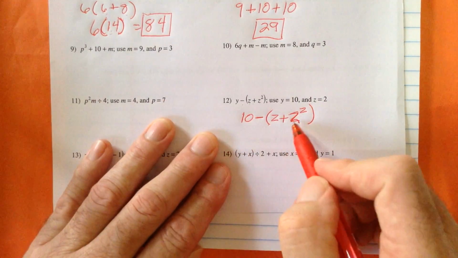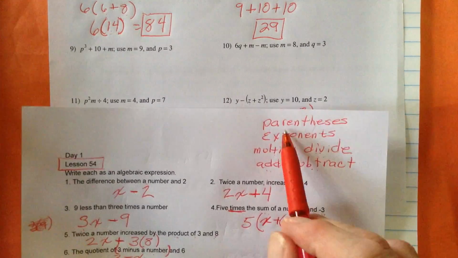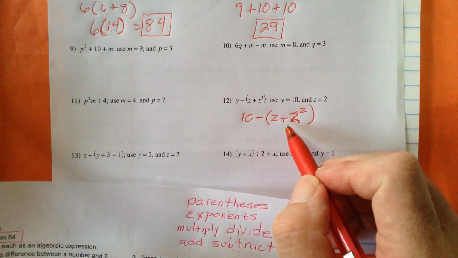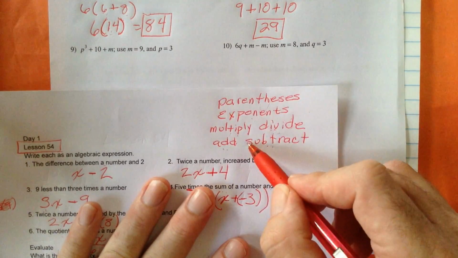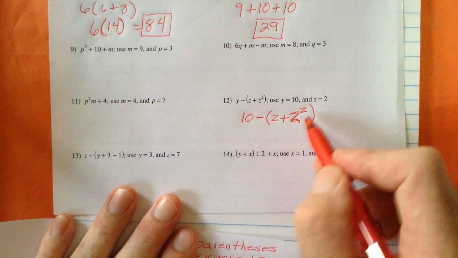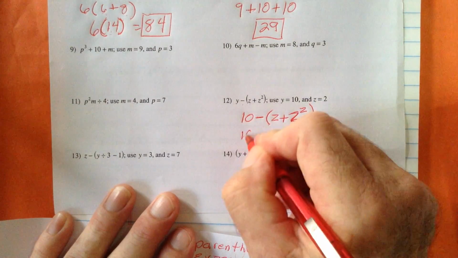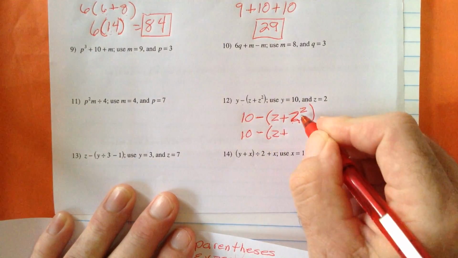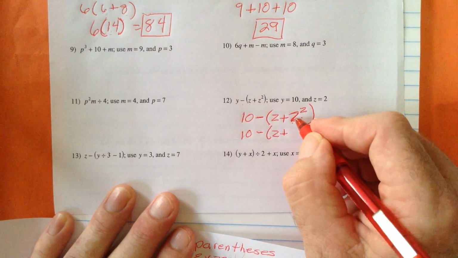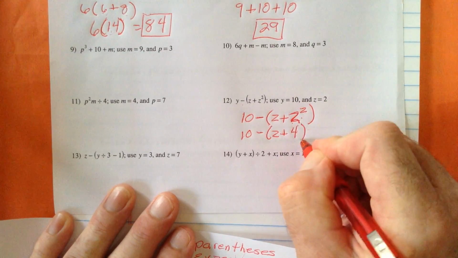Okay. So this one, I got parentheses, I got to do the parentheses first. But inside the parentheses, I got an exponent. So before I can do the adding, I got to do the exponent first inside here. So I got 10 minus, let's see, 2 plus 2 times 2, 2 to the second power is 2 times itself, which is 4.